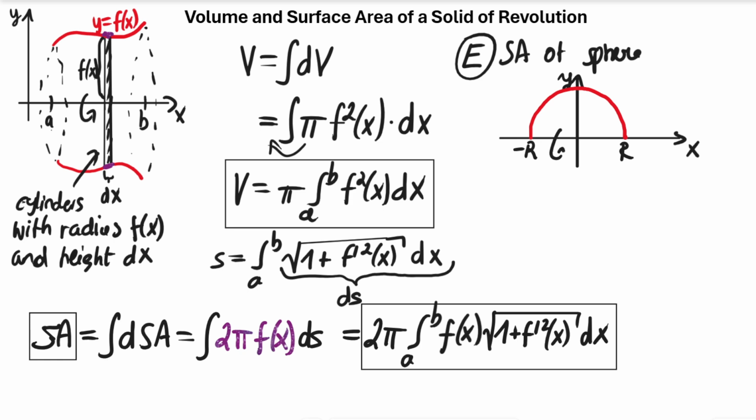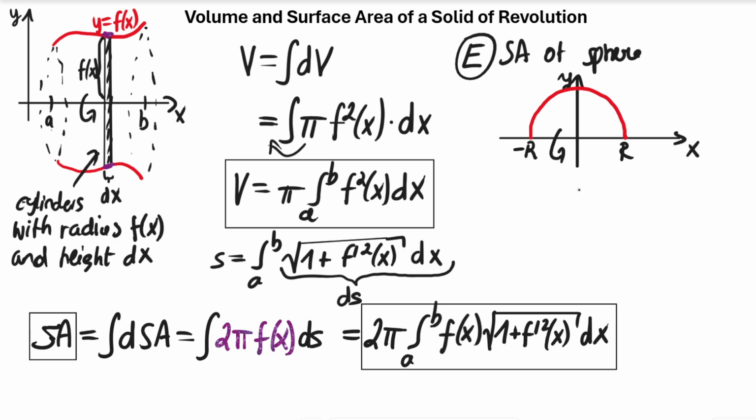And when you rotate this, you generate this sphere. So once again, to generate the sphere by rotation, we need to rotate this upper semicircle around the x-axis. That's the only way to sweep out the full surface of a sphere. Yeah, we are not interested in the volume, we want the surface area.